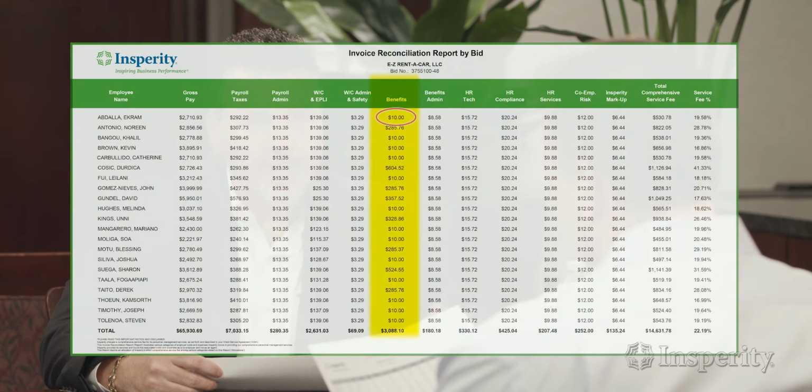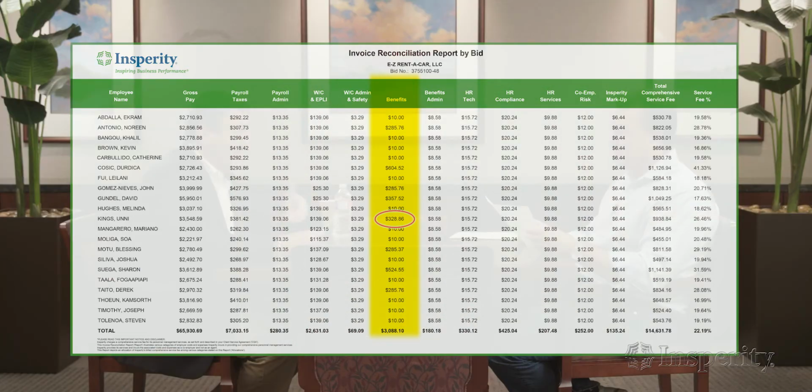As you can see on here, the numbers vary from person to person. The reason for that is you have certain people that do have insurance, certain people that don't have insurance. You might have people that have different types of insurances. One may take one plan, one may take a different plan, one may cover a spouse, one may cover a family. All of those obviously will change the cost related to benefits.